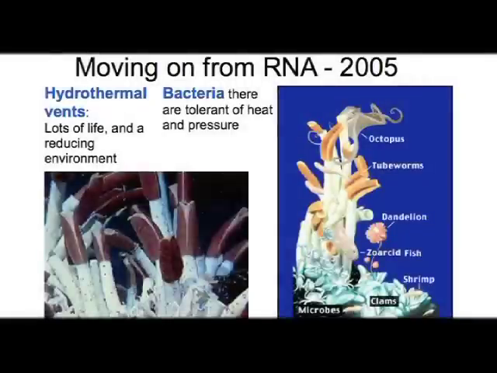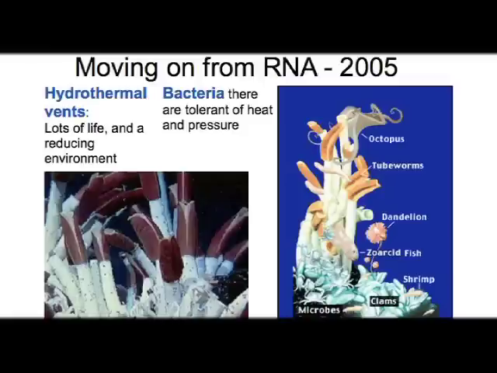Well, some of these problems have caused people to say, maybe we ought to look at something other than RNA. So in the last couple of decades, people have said, let's look at life coming from hydrothermal vents deep in the ocean. Because, hey, high pressure, high temperature, reducing environment, maybe we could get life starting there.